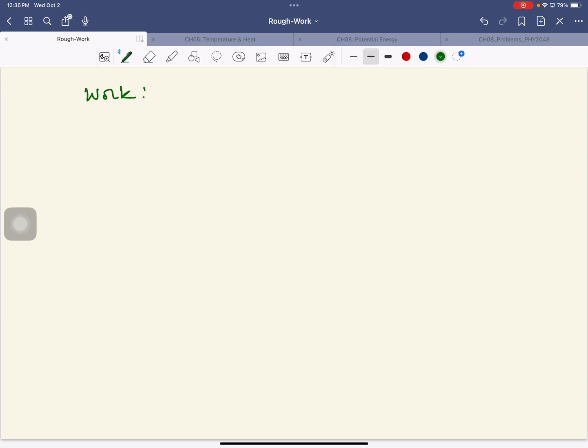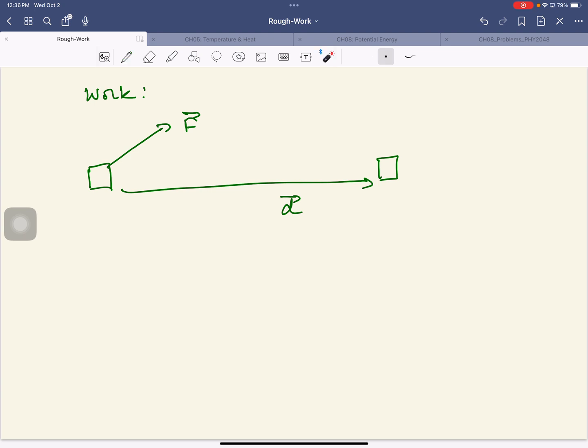All right, so one of the things we learned was how to calculate the work done by a force. So let's say you had a force acting on an object, and if this force was constant when the object moved in a straight line, and d was the displacement vector, the work done was given by the dot product of the force vector and the displacement vector.